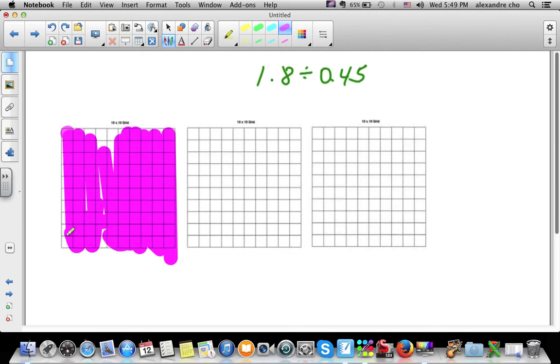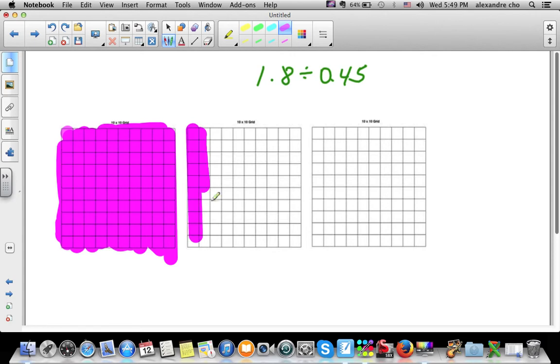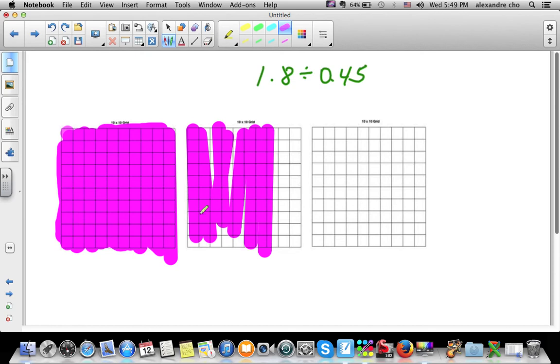One full box and 0.8. 0.8 would be 10, 20, 30, all the way to 80. That's 1.8. Think about money. Money would be 1 full dollar, or 100 pennies, which is 1 square, and 80 of the next square. Okay, let's make this 80 a little better.